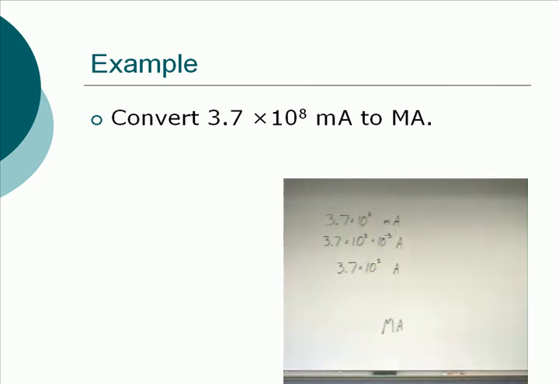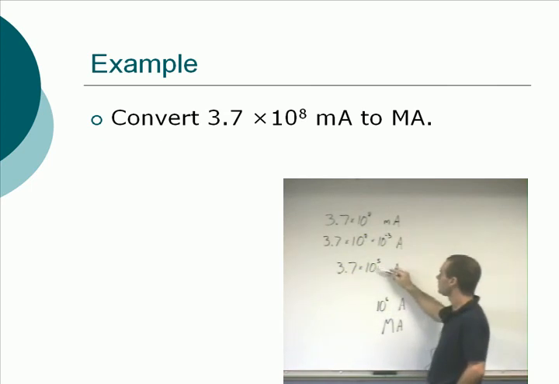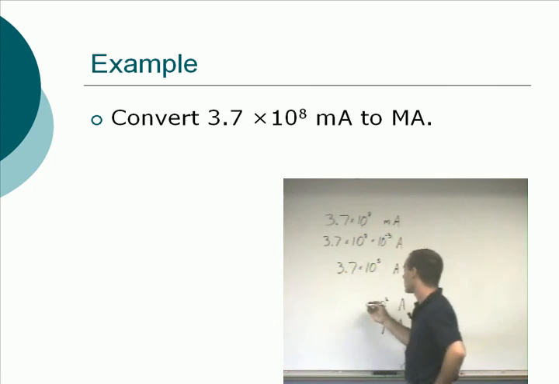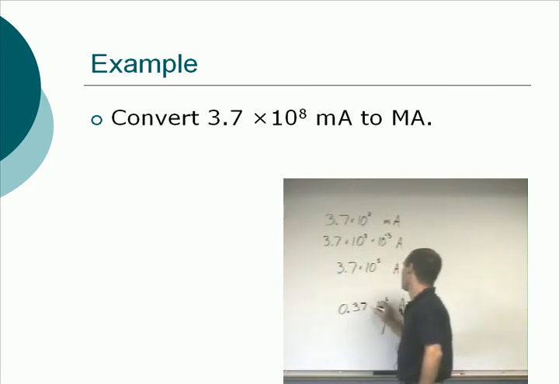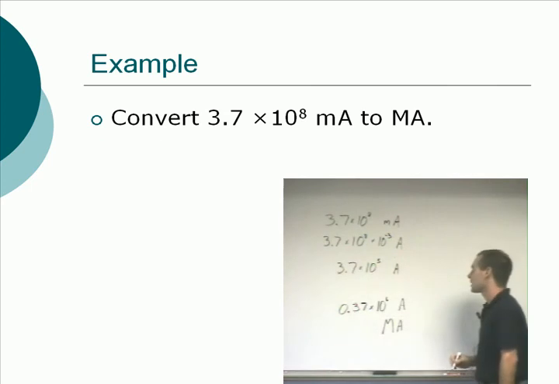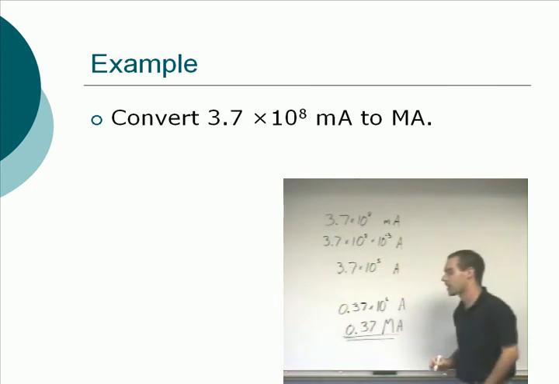Now we need to get it so that our power of 10 is mega, which is 6. So this has to get turned into 10 to the 6th amps. So we just need to bump the right side up one, drop the left side down one, and this becomes 0.37 times 10 to the 6th amps, or in other words, 0.37 mega amps.